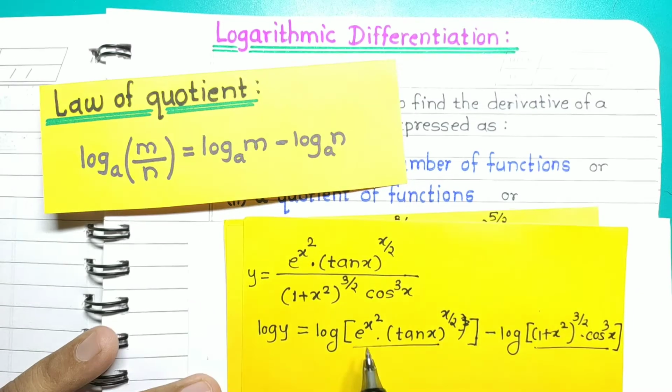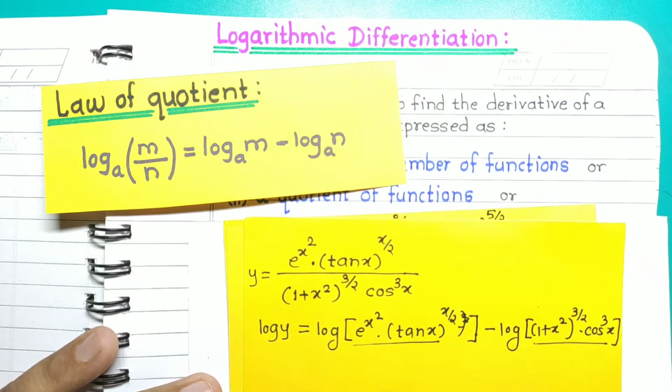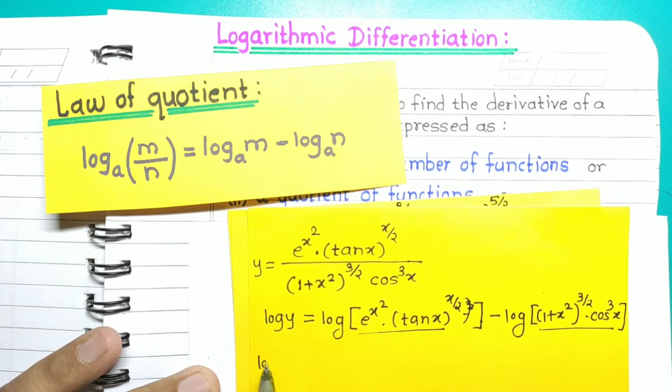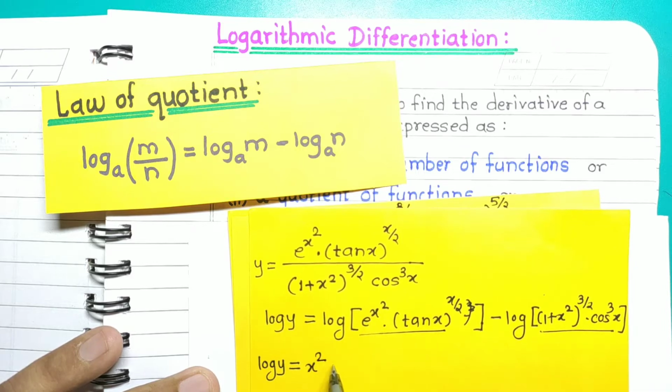And further, we can simplify these two logarithmic terms using the law of product and law of exponent also. And then finally, we get the simplified function as, let me write here directly. This is log e raised to x square plus log of tan x raised to x by 2. Again, using the law of exponent, you multiply this x square here.